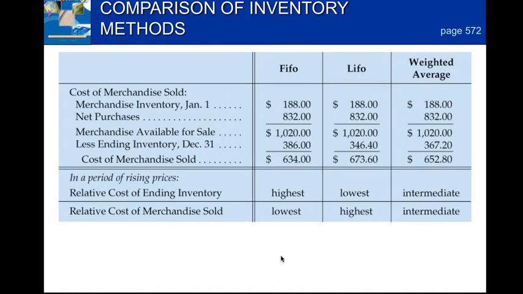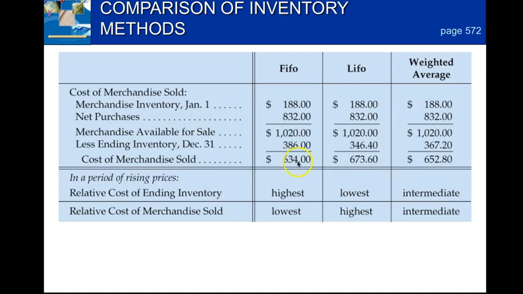Now in comparing these, we've got our FIFO column, our LIFO, and our weighted average. And so the cost of merchandise sold in FIFO is $634. The cost of merchandise sold in LIFO is $673.60. And then the weighted average is $652.80.